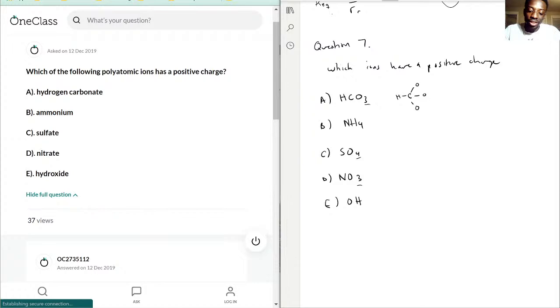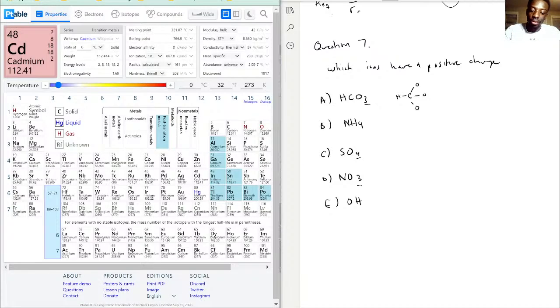But the point here is that carbon, according to the periodic table, if you remember from before, has 4 electrons. O3, that's 6 times 3, that's 18. And hydrogen is just one. So 1 plus 4 plus 18, in total that would be 23 electrons it has to account for.